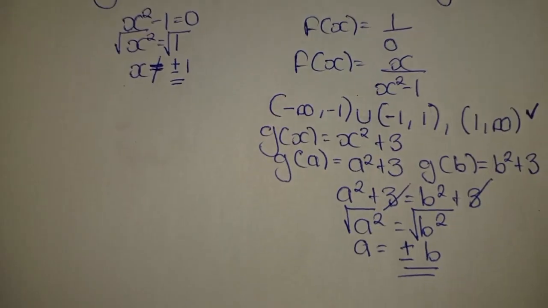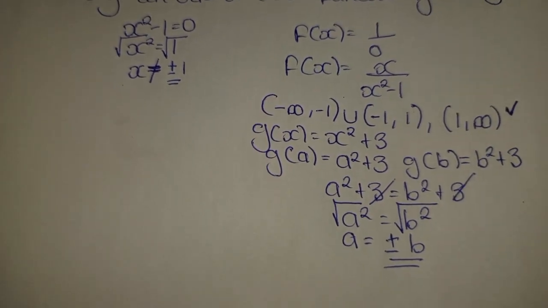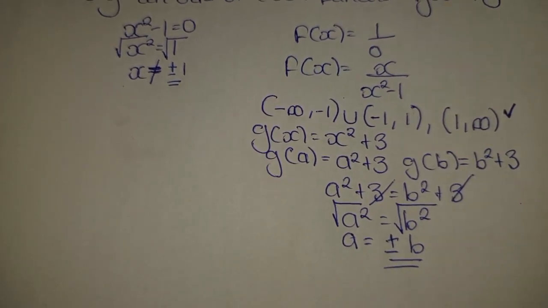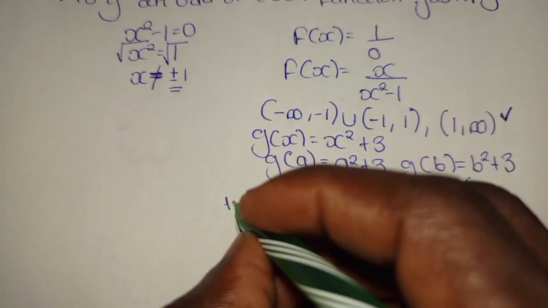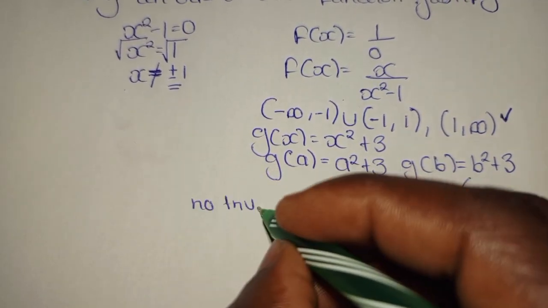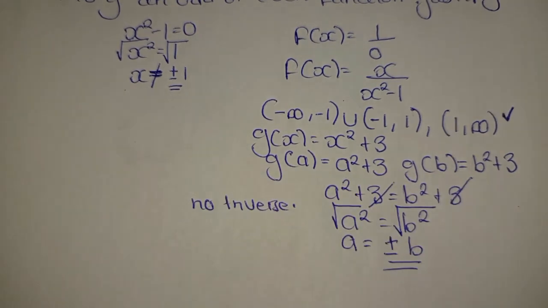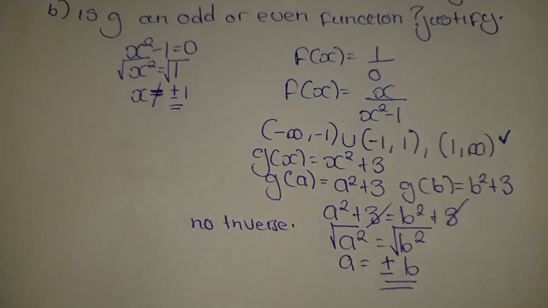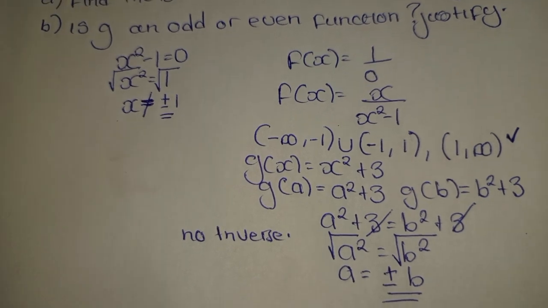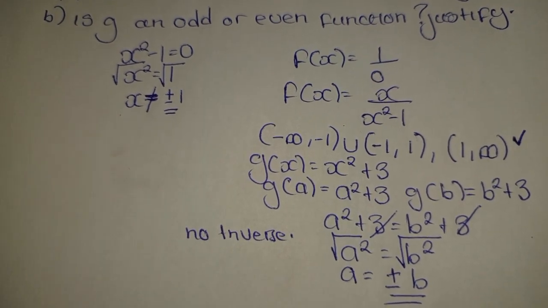This tells you already that the function is not one to one. Since the function is not one to one, then g has no inverse. Then we have our last question, which asks: is g an odd or even function?